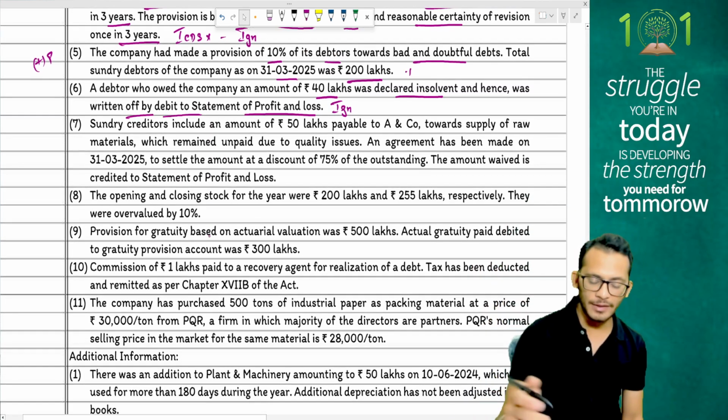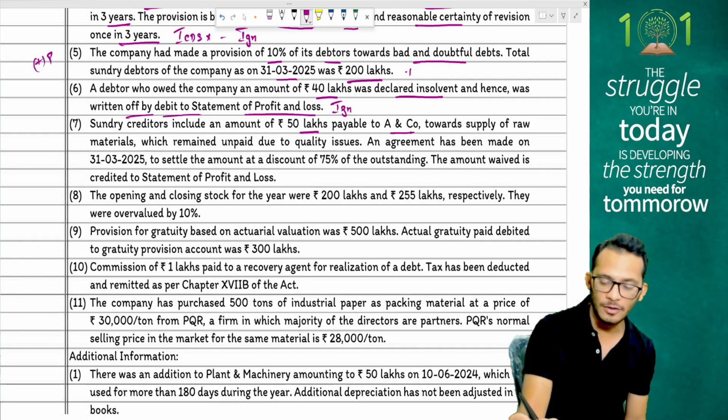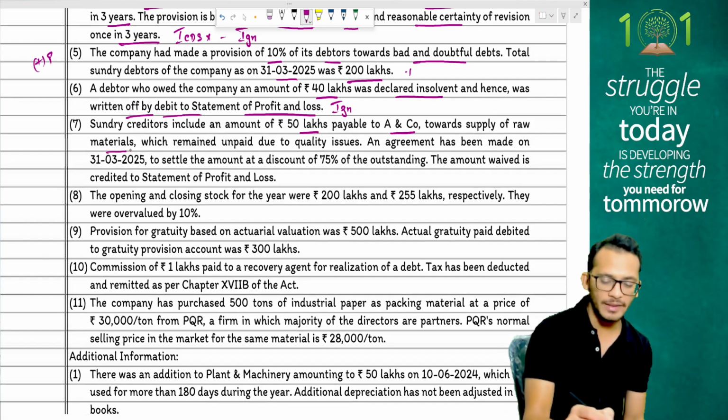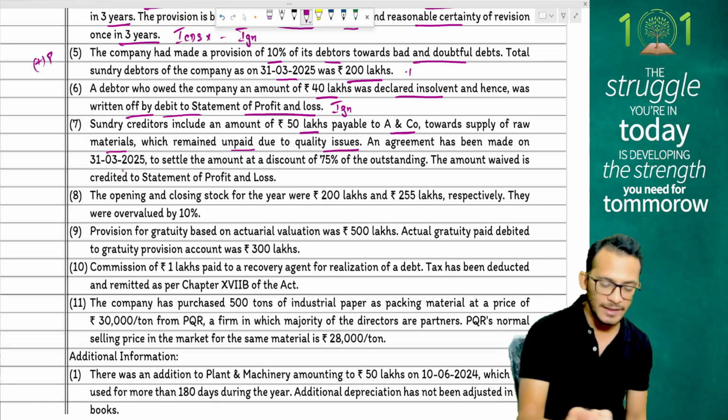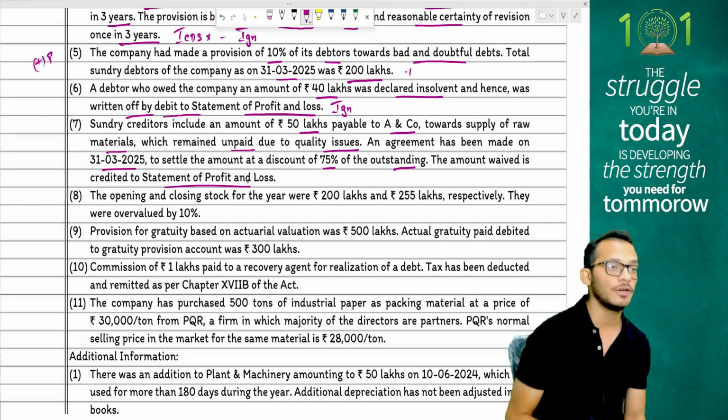Sundry debtors include an amount of 50 lakh rupees which is payable to A and Co. towards supply of raw materials which remained unpaid due to quality issues. So there was a sundry creditor which I had to pay, but I did not pay. An agreement has been made on 31st March 2025 to settle the amount at a discount of 75% of the outstanding. The amount is waived in the statement of P&L account.